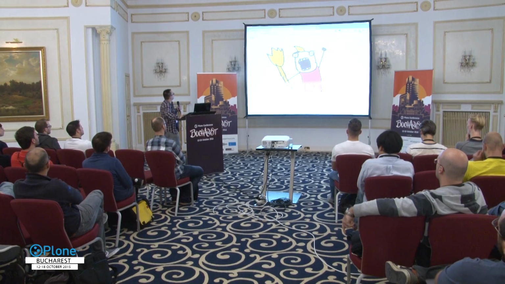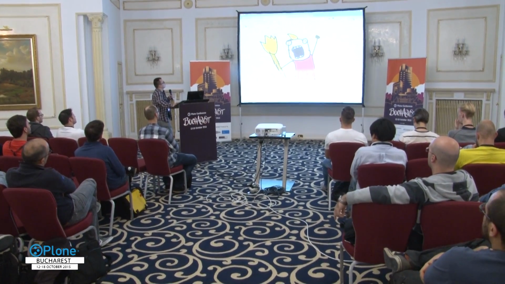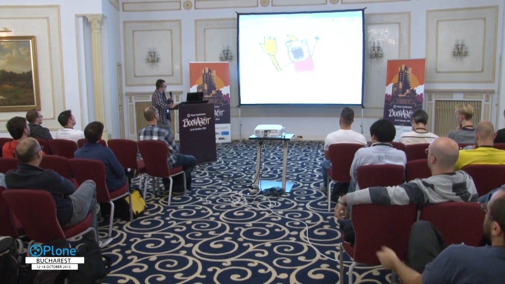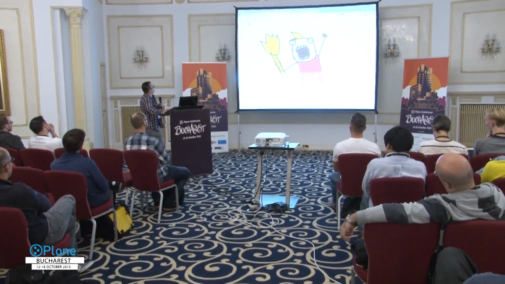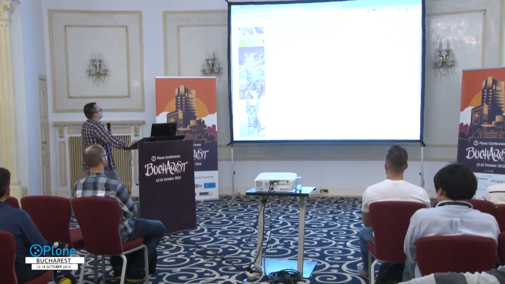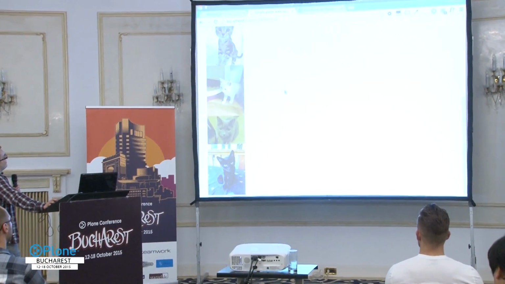We have the home. We're going to see later that the home is a different view, which is using a different template from the main page. And we have the kittens. Now the kittens is just an unordered list of cute cats.